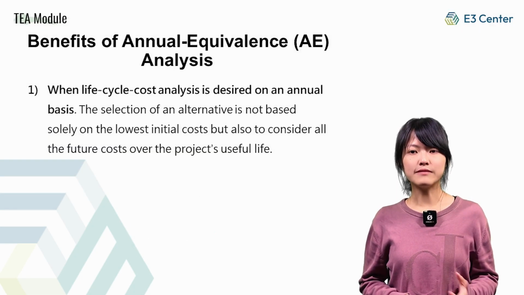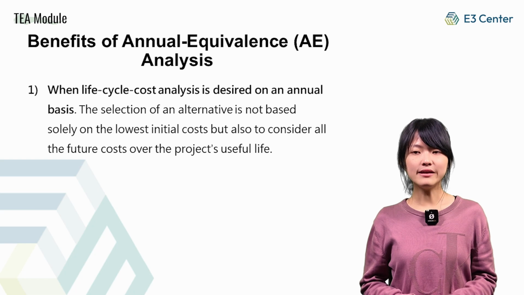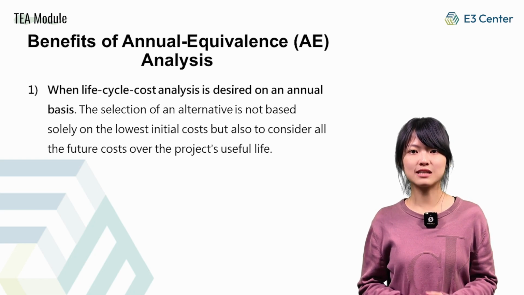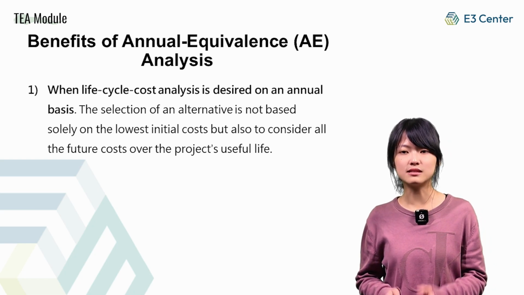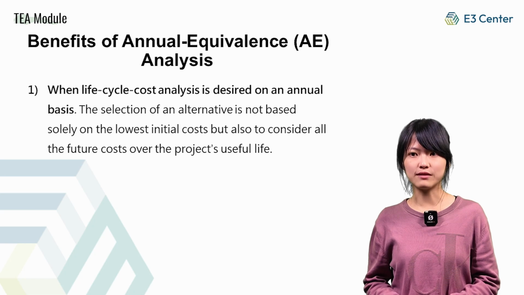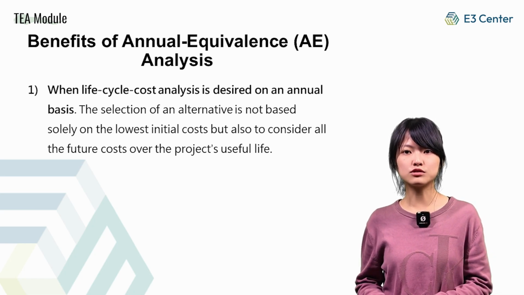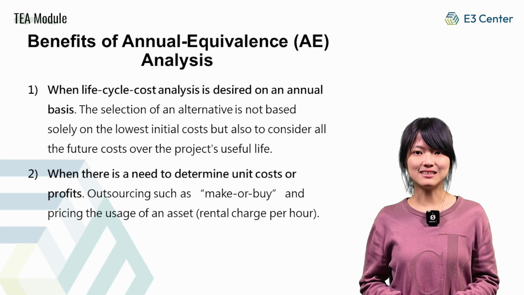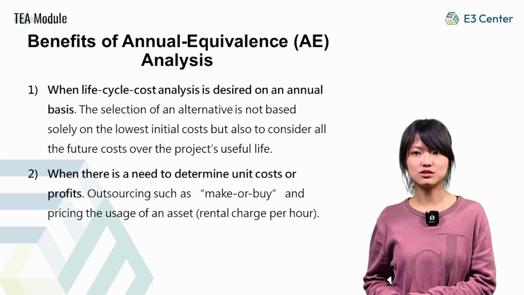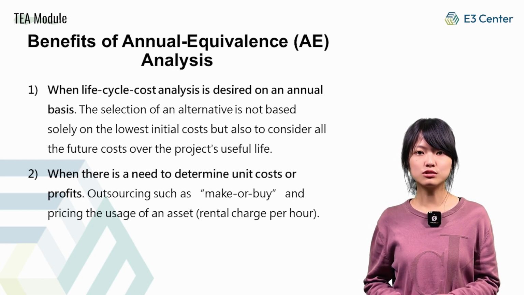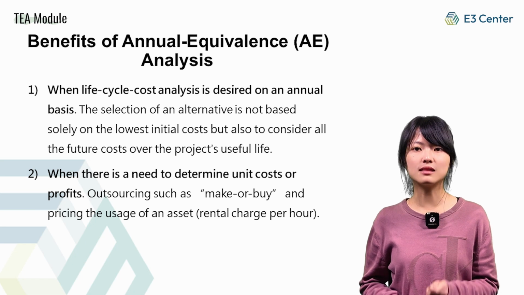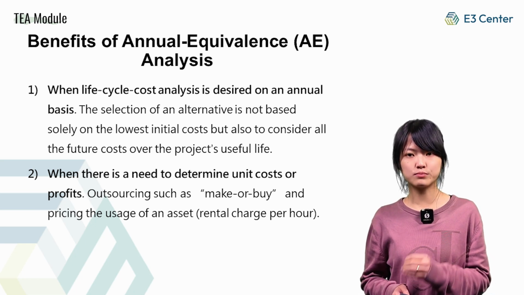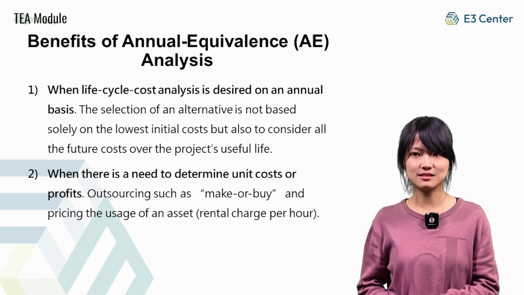Firstly, for life cycle costing, AE is perfect when we need to break down the cost and benefit yearly across a project life, considering all future costs and not just the upfront ones. Secondly, for unit cost calculation, it is particularly useful when we have to determine the cost per unit or profit from using an asset.